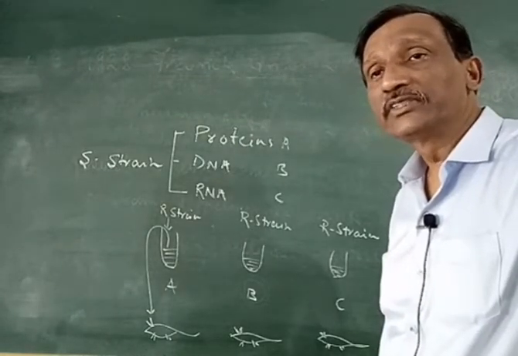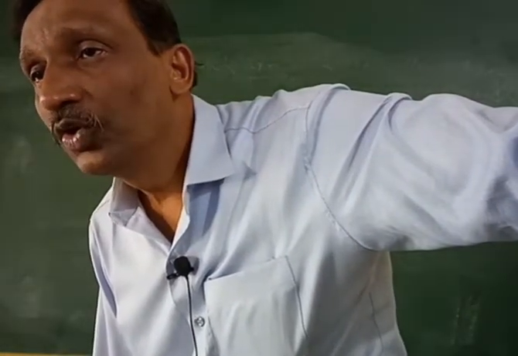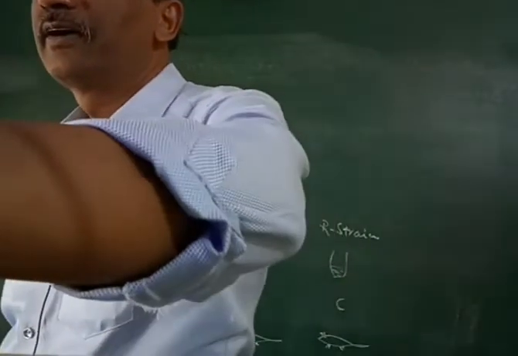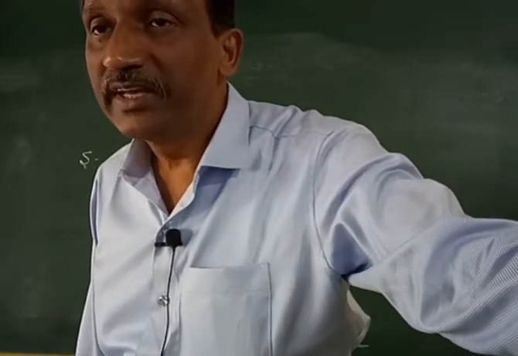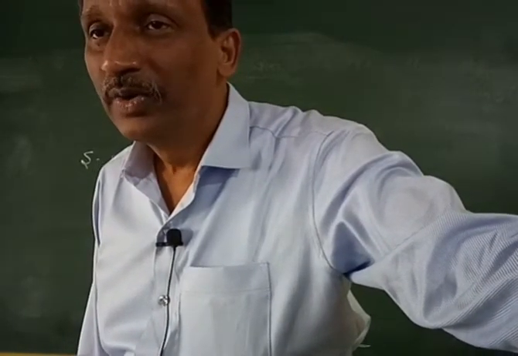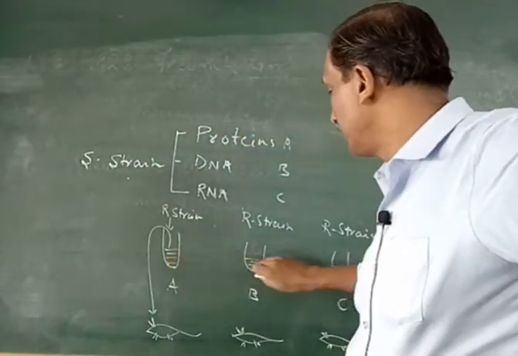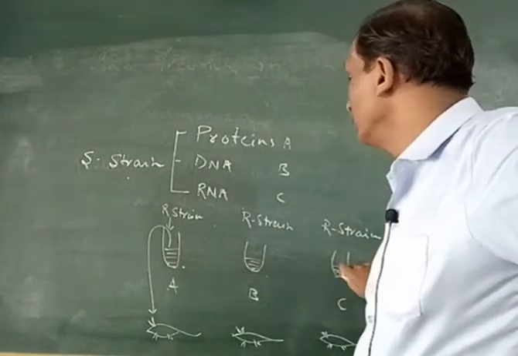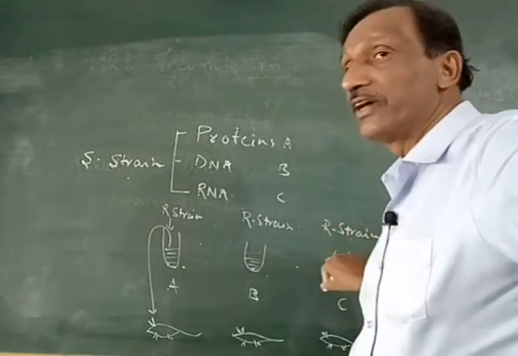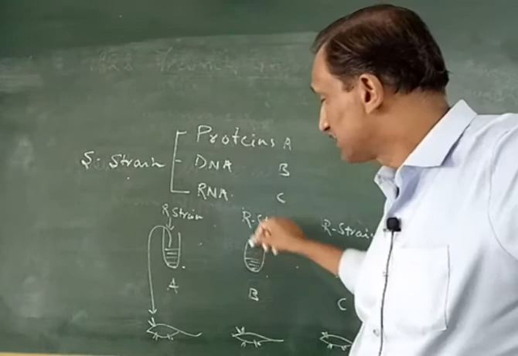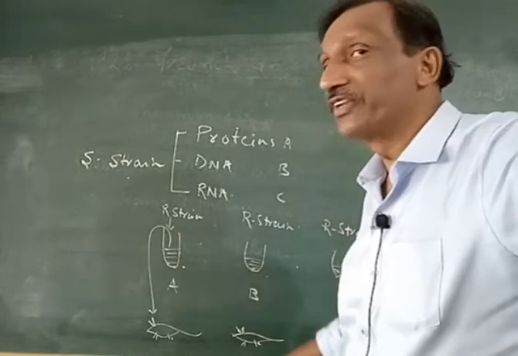Or rather what we can do is, your question is, sir, was the S strain killed? No, from the S-strain bacteria they extracted the protein, the RNA and the DNA, and they added the live R-strain bacteria in it, and then these solutions were injected.